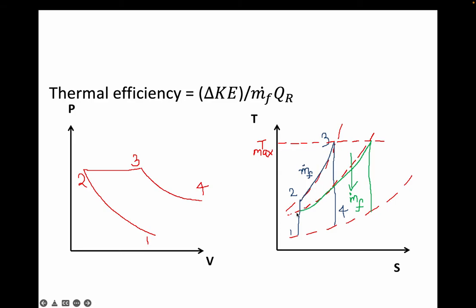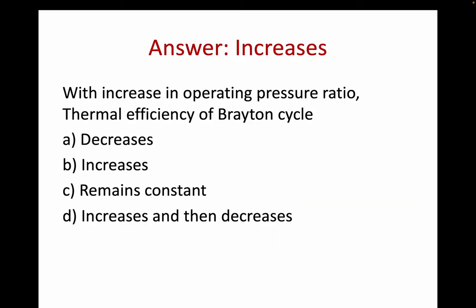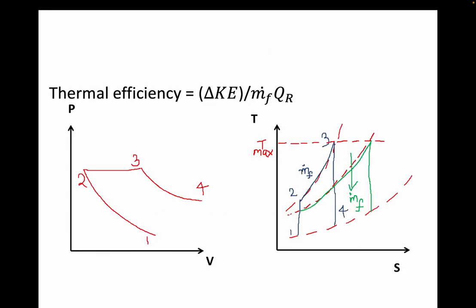So very clearly, if you need to achieve the same maximum temperature, then you need to add more fuel over here. Whereas if the operating pressure ratio was much higher, then the amount of fuel you need to add in order to achieve the same maximum temperature is lesser. Hence, going back to the question, if we increase the operating pressure ratio, then the thermal efficiency of the Brayton cycle increases. So using this diagram, it's much easier to understand.